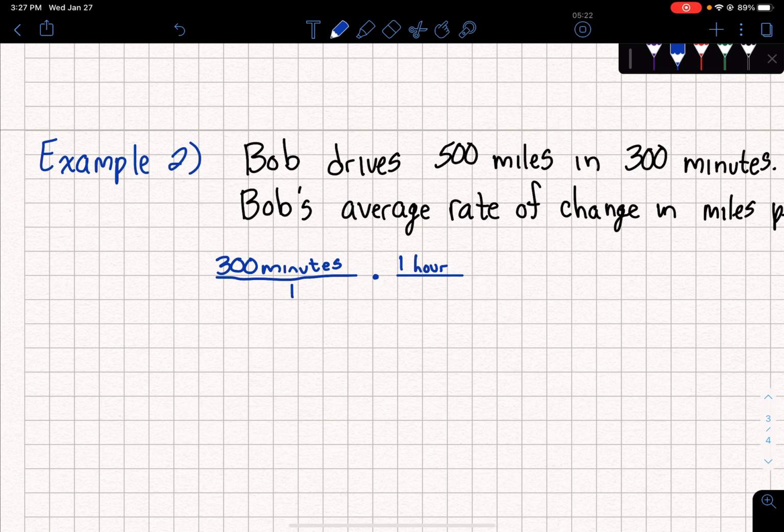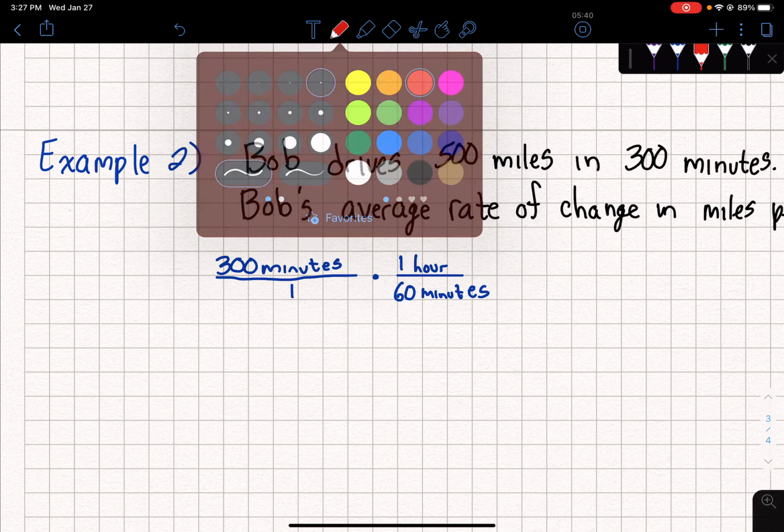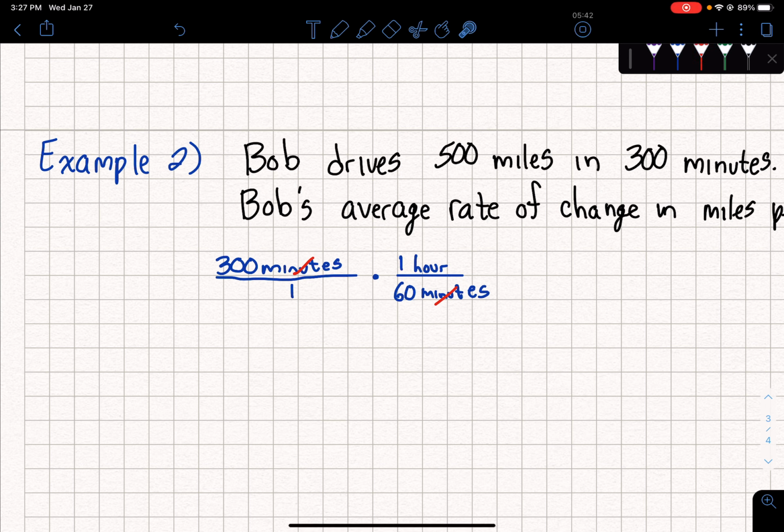in 60 minutes. And what I really like about writing this out this way is, notice here we have minutes in the numerator, minutes in the denominator. We can treat our units of time just like variables, and we will see that these will cancel out, and the only thing we're left with is the hour up here.